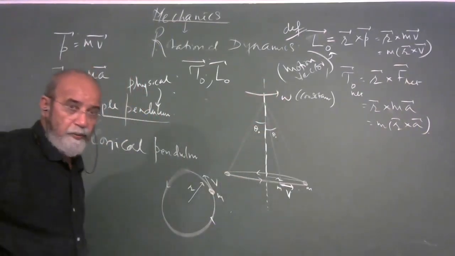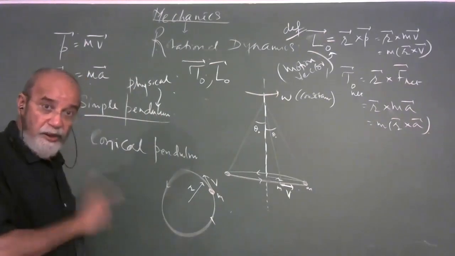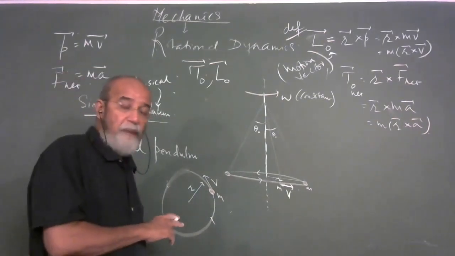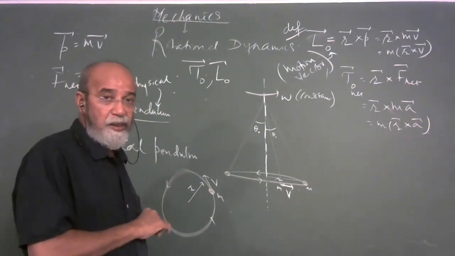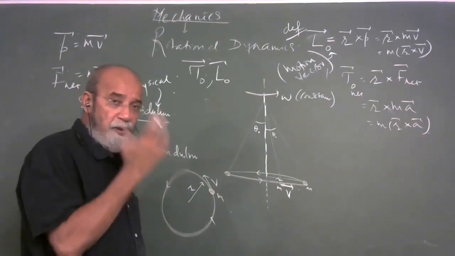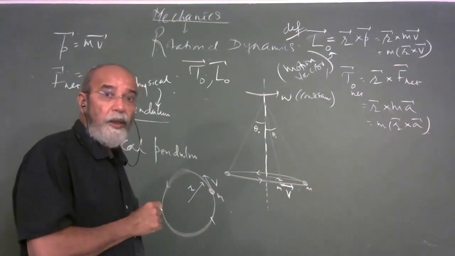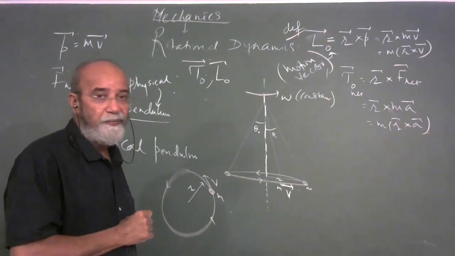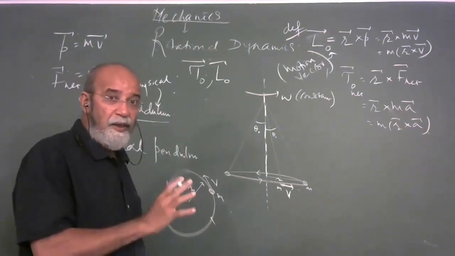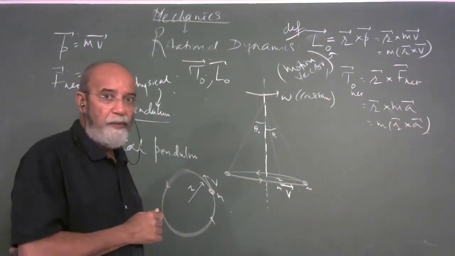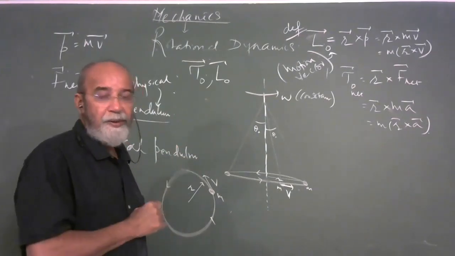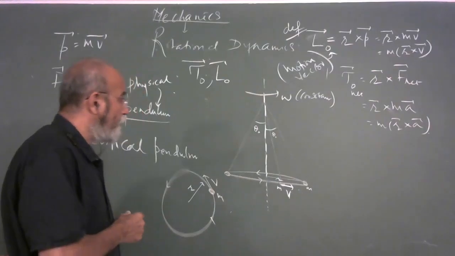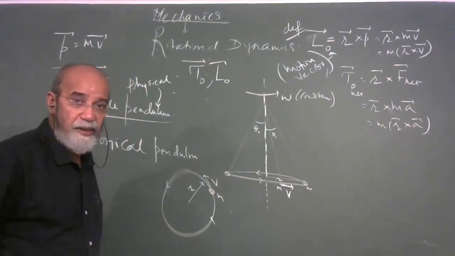I told you last time that I'd taken this example, and to my surprise, 4 or 5 years back, they gave it in the IIT advanced exam, a big problem of almost 10, 12 marks based on this. And my students were very happy.